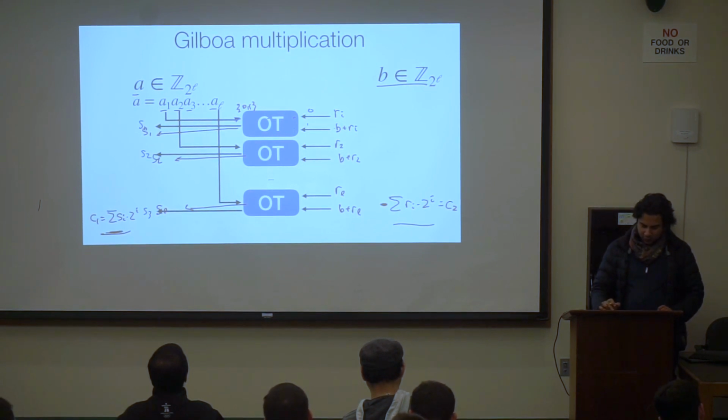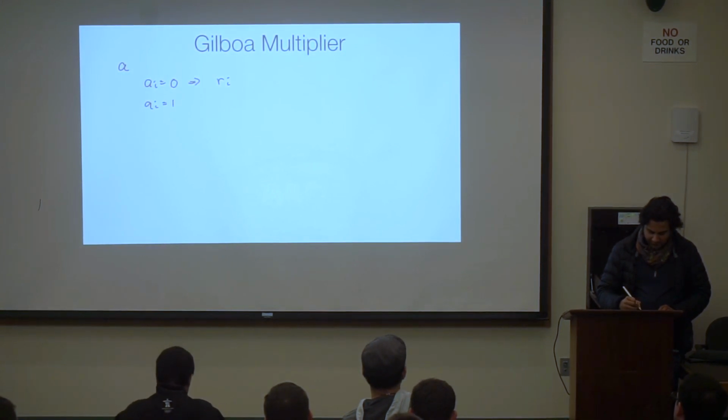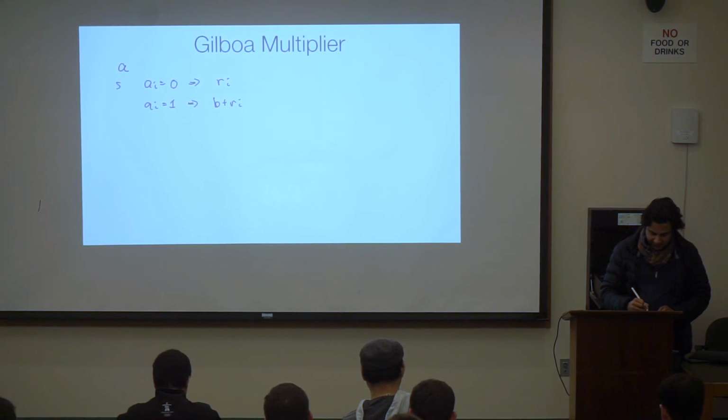To see why that works, imagine I have A here. If my Ai was 0, then I'm basically going to get Ri. And if my Ai is 1, then I'm going to get B plus Ri. So this is what Si is equal to.